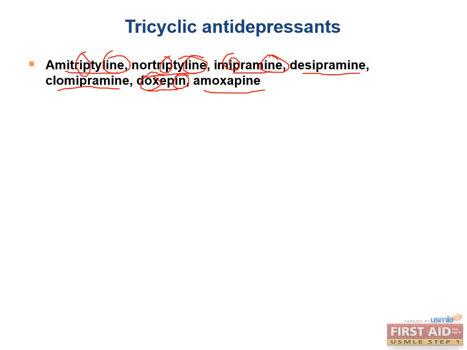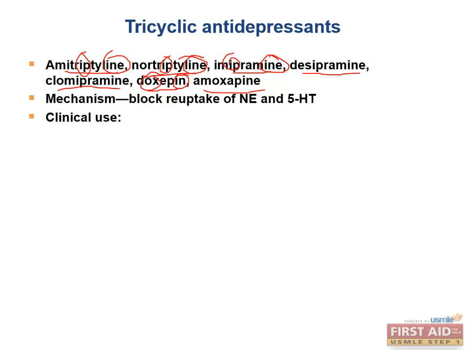So the mechanism of action is that TCAs block the reuptake of both norepinephrine and serotonin, like we saw in the previous diagrams. Their clinical uses are relatively broad, starting off, of course, with major depression, but they can go all the way to even things like fibromyalgia.